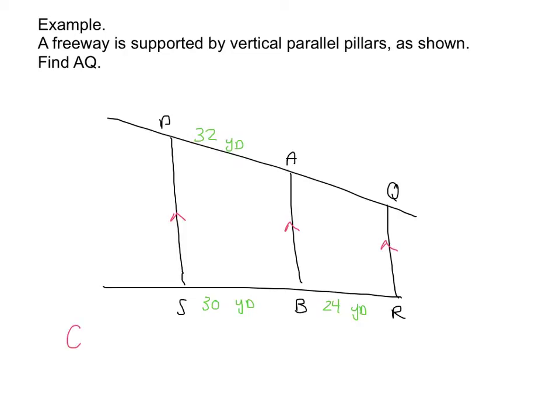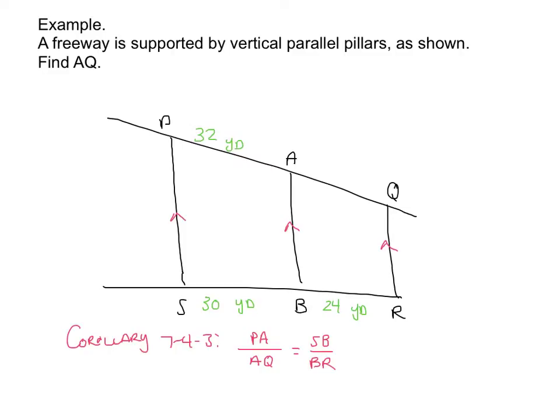As corollary 7-4-3 tells us, we can set up a proportion of the transversals. So PA over, well, I did this distance here of the top one, over AQ will be equal to SB over BR. And that is what our corollary would tell us.